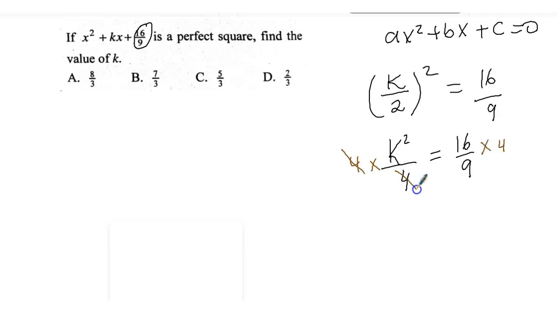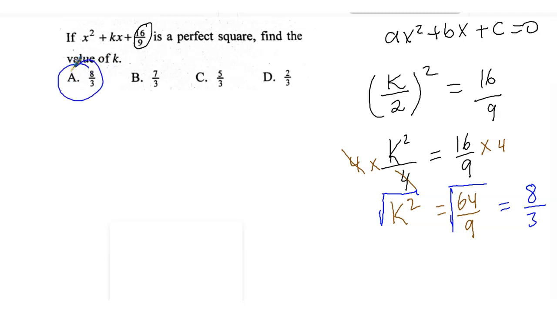This goes away, and we get k squared is equal to 64 over 9. Now we want to solve for k, so we will take the square root here and do the same thing here. The square root of 64 is 8, and the square root of 9 is 3. It's plus or minus, but here we realize that only the positive came.